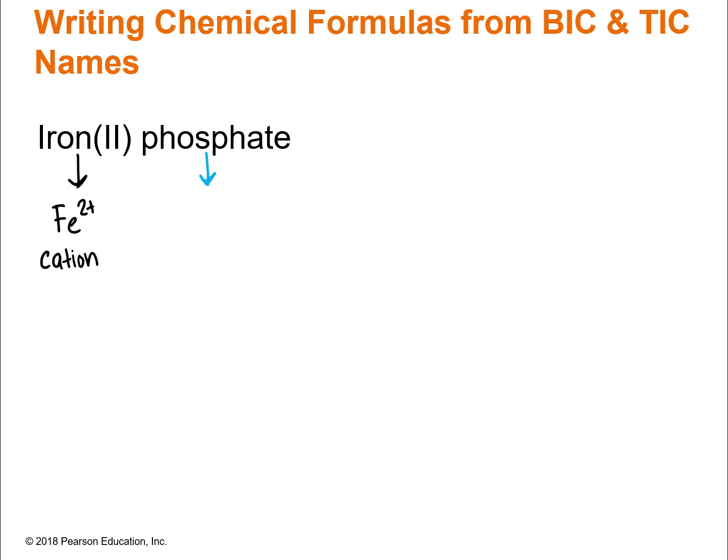That means the phosphate part has to be our anion. And since we don't recognize that as an element, it's got to be one of those polyatomic anions. So given that information, what do you think the chemical formula for iron 2 phosphate is?